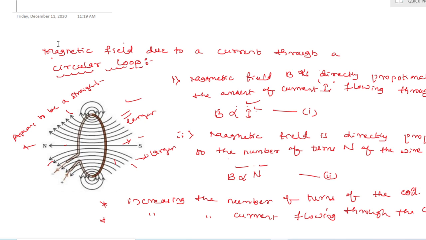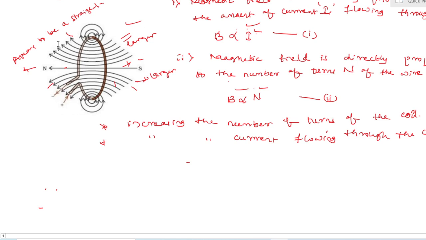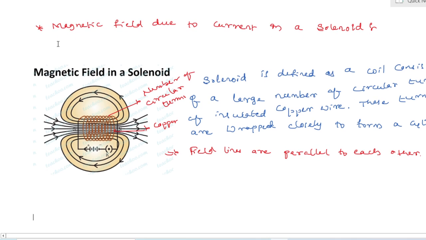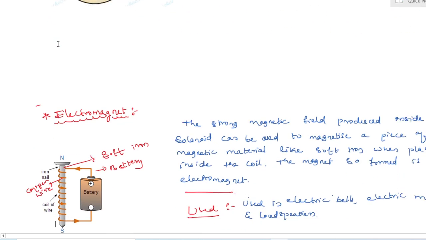Magnetic field B is directly proportional to the current and directly proportional to the number of turns of the wire. Afterwards, the solenoid. A solenoid is a coil consisting of a large number of circular turns of insulated copper wire. These turns are wrapped closely to form a cylinder. Here the field lines are parallel to each other.